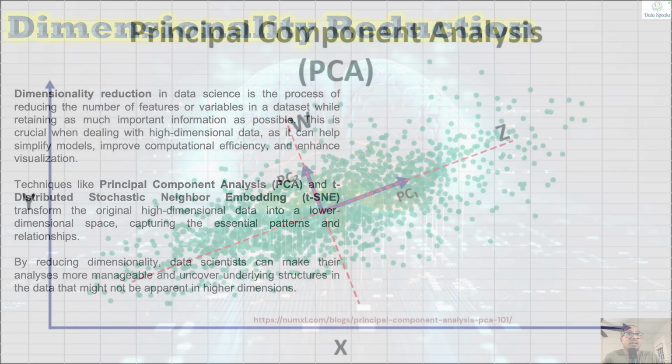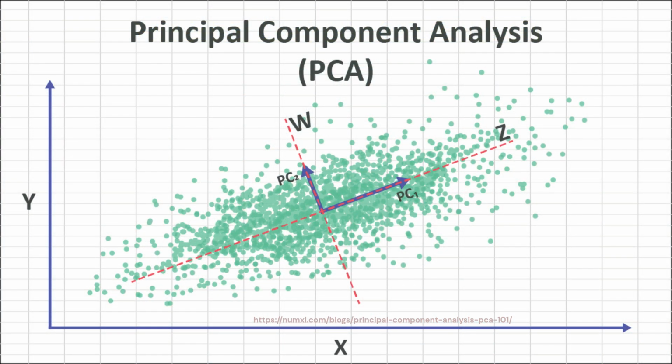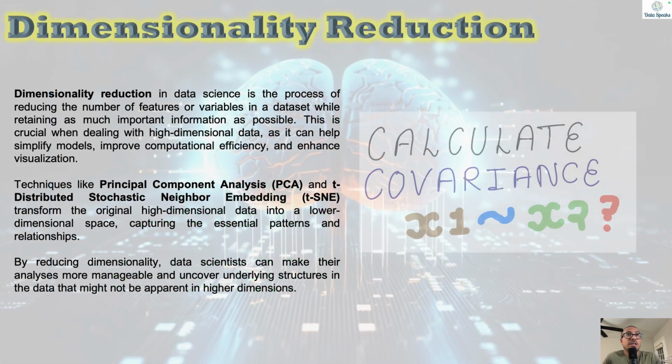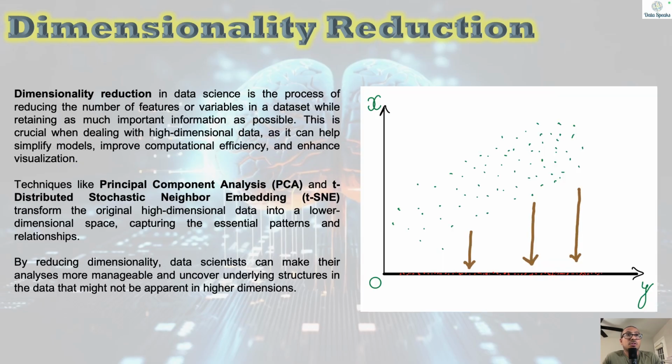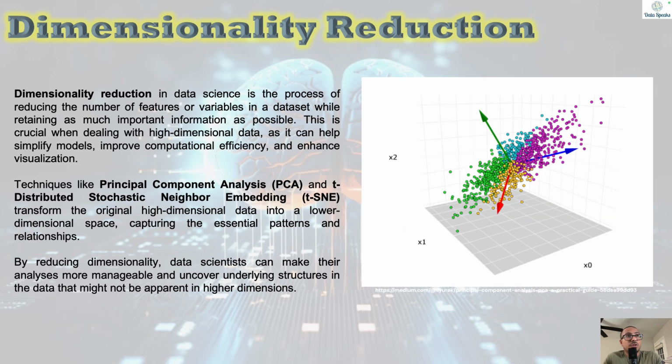So principal component analysis transforms the data into a lower dimension, or projects the data into a lower dimension, by calculating the covariance, mapping into the lower dimension, and figuring out what exactly can be the lower number of principal components, or major features, that retain most of the information from the rest of the data, and also have the least number of features so that our model can quickly train with fewer columns instead of having to train with so many columns. That's the idea behind principal component analysis.